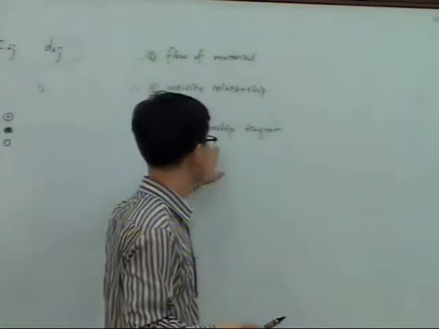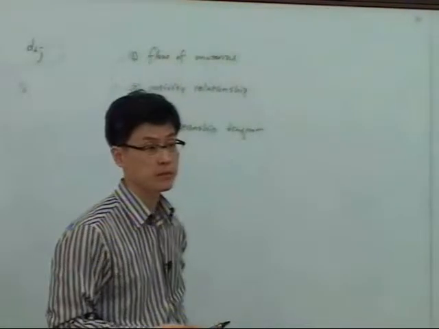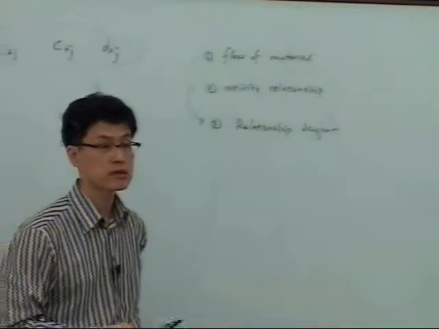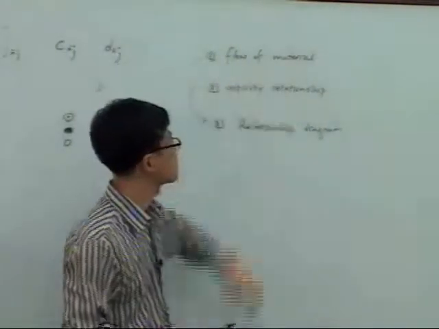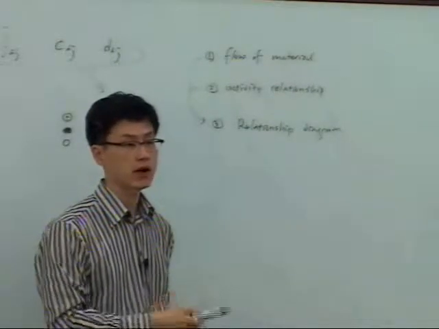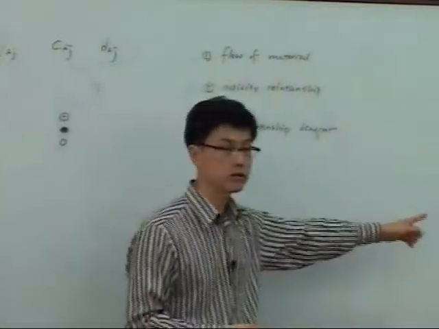Based on the activity relationship and flow of material. To make things simpler, let's only focus on the flow of material. If material flows between department I and J, then I and J are related, like this.